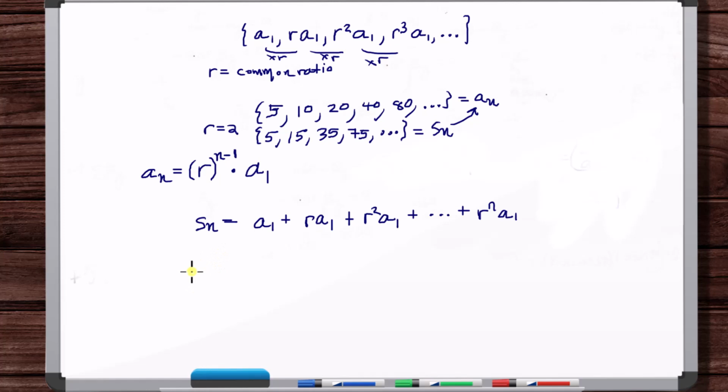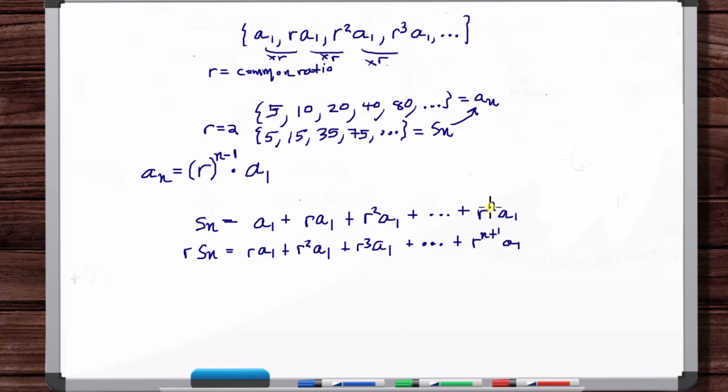But now what we're going to do here is write out r times S of n. So r a1 plus r squared a1 plus r cubed a1 plus, and then r to the n plus 1 a1. And actually, wait, I messed this up here.